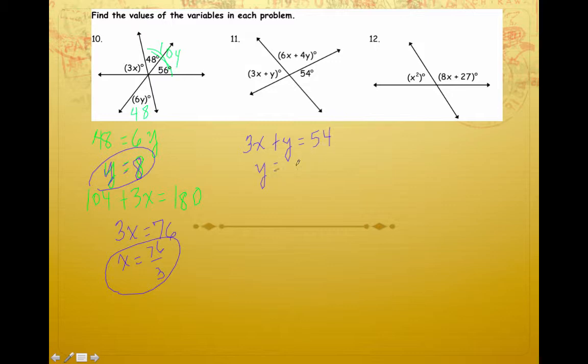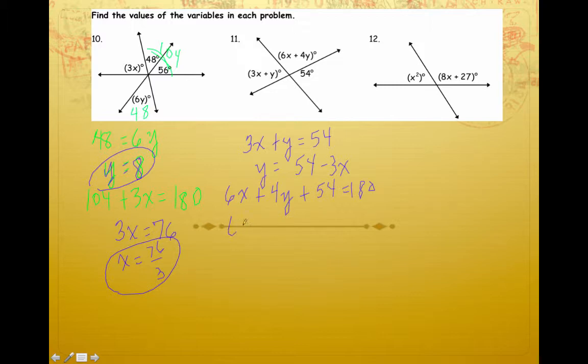So y equals 54 minus 3x. That doesn't solve for either variable yet, but it means I can substitute. So I'm going to substitute into the other one 6x plus 4y plus 54 equals 180. That's because they're a linear pair, right?